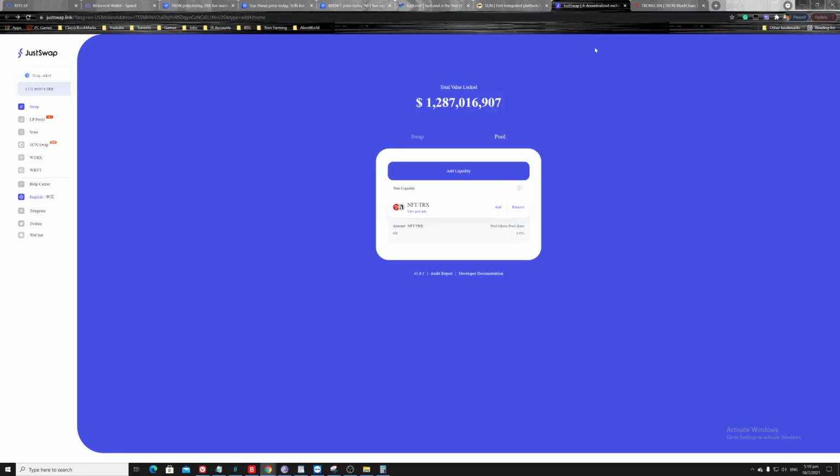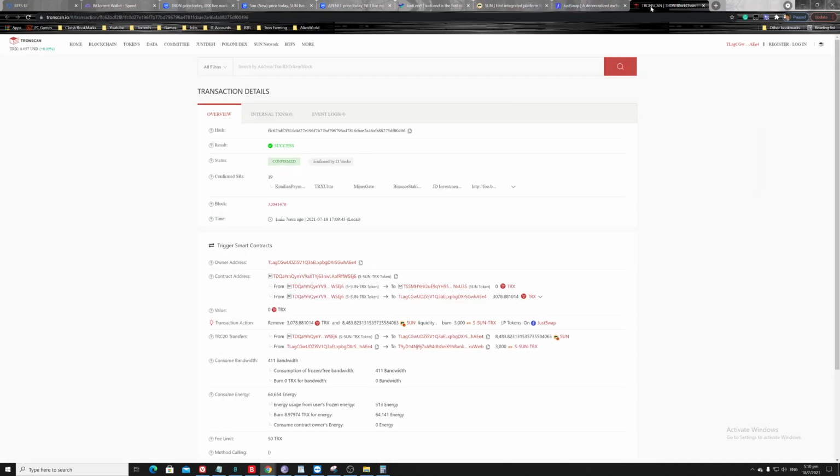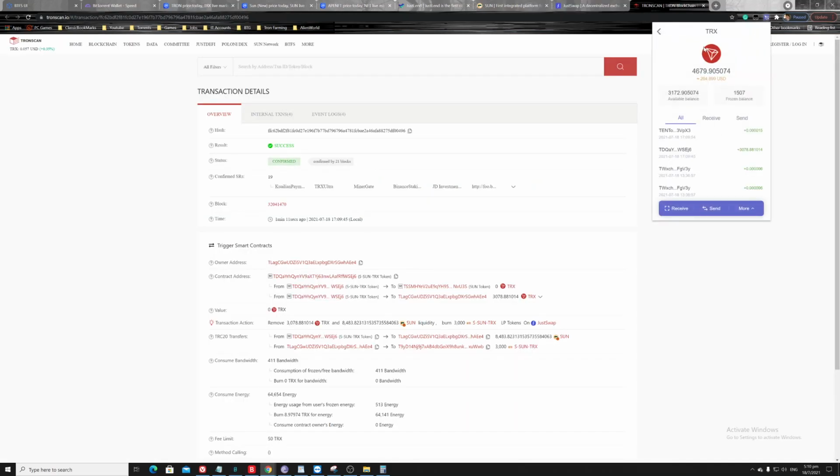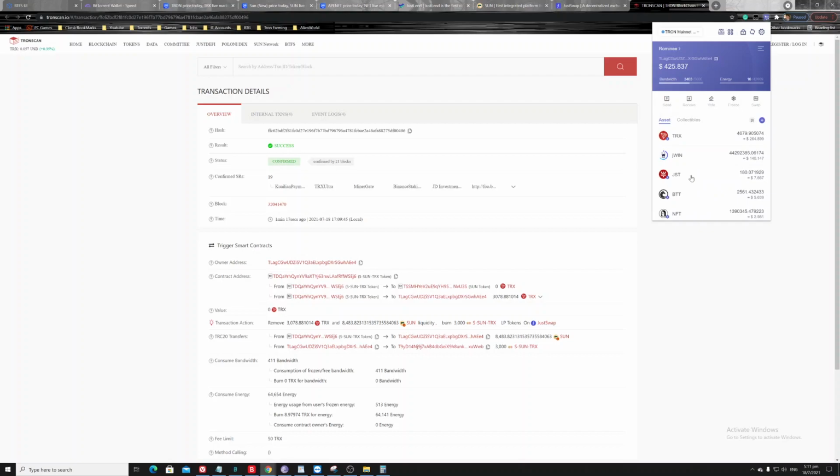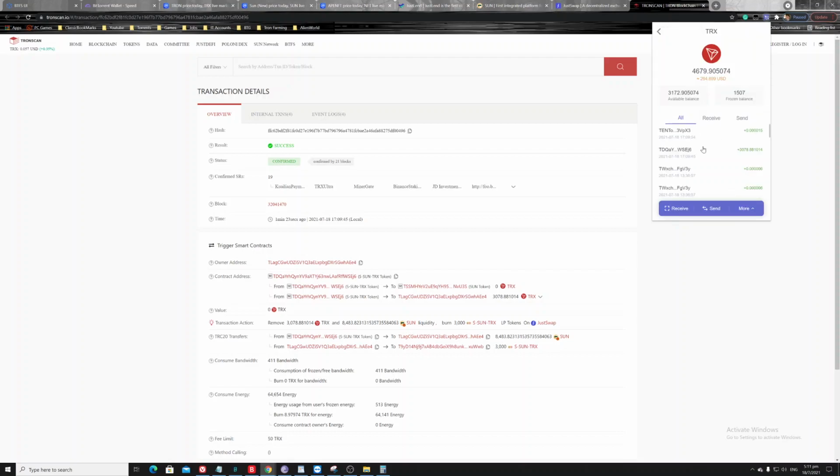Okay, let me go back to this transaction and this wallet. As you can see here, my total amount now is quite a good number of Trons.